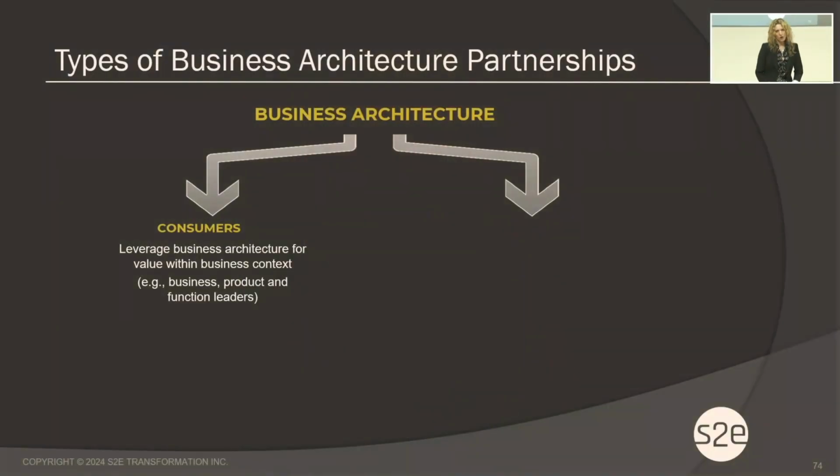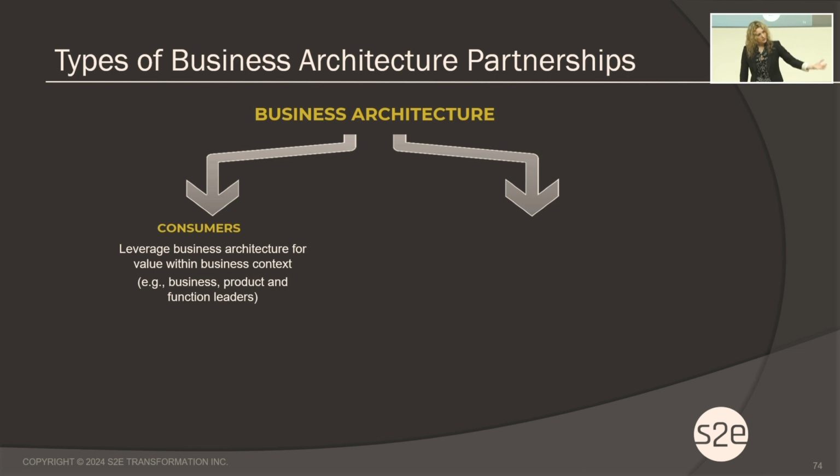So the scope of partnerships. I like to think about a couple categories of partners. The first I'll just call consumers, for lack of a better word. These are people who are consuming the results of using business architecture.